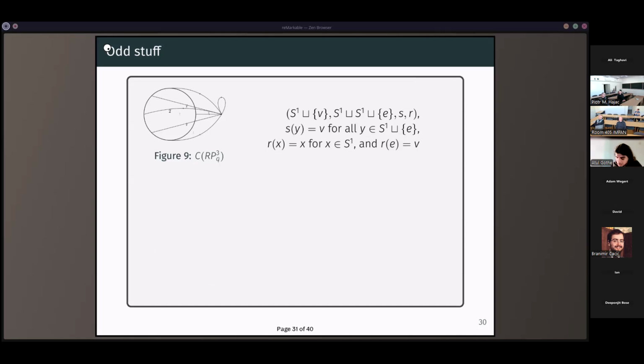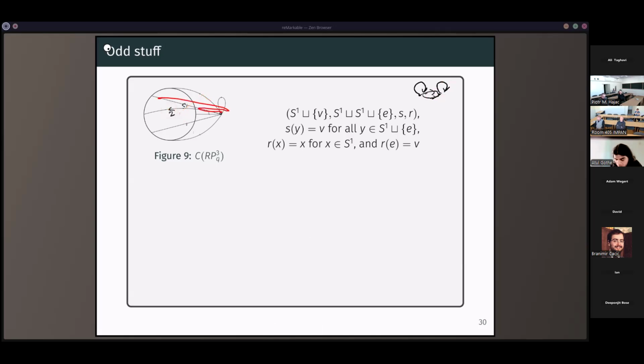And C of RP3Q also has a graph representation, which was like this. Instead of 1, we had 2. Just like C of SQ3, we do the same thing here, replacing the final loop by a circle. I don't know if it's visible, but here we have 2 edges.